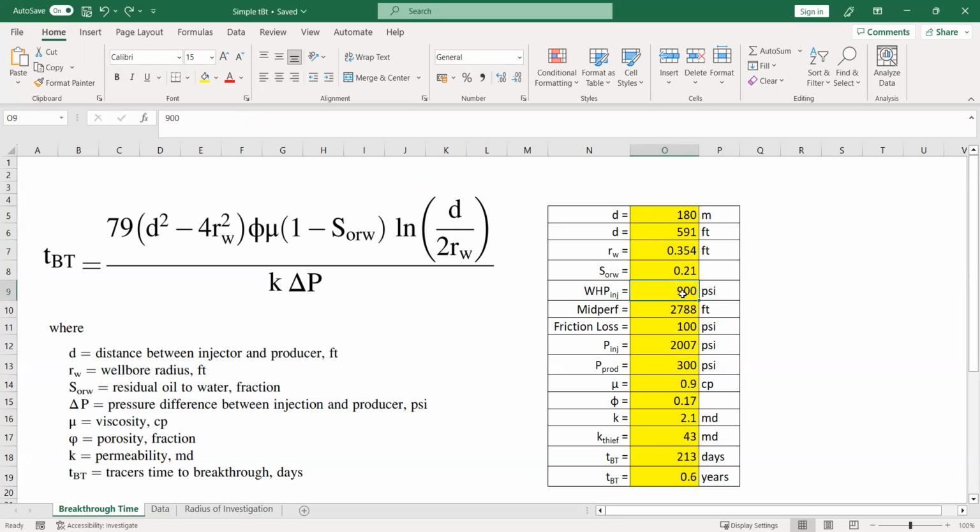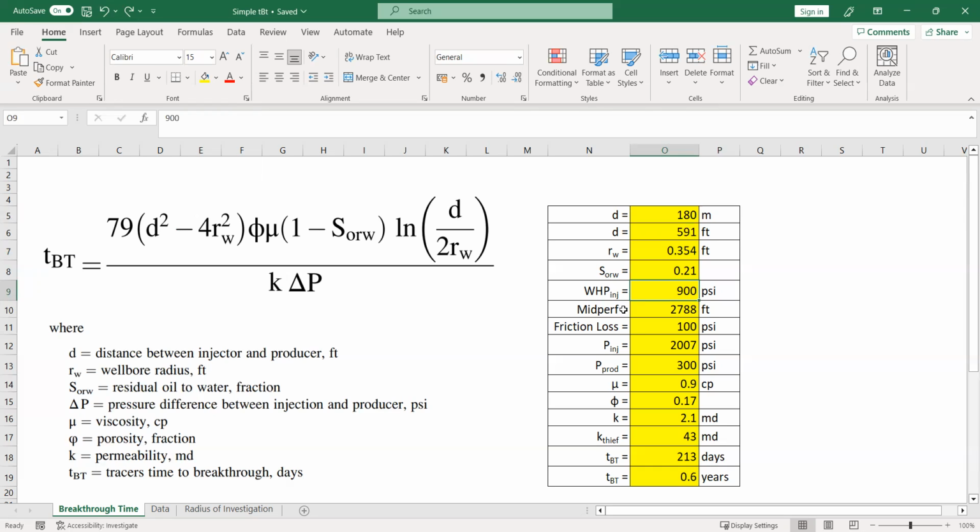Let's say it's 900 psi. Okay, and I know the middle perforation depth towards my bottom hole, and it's 2,788 in feet.